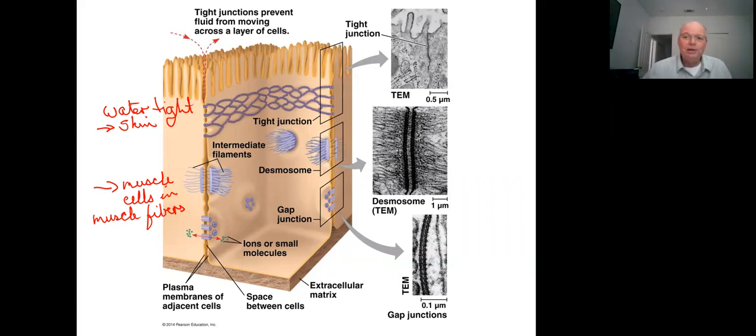Again, if you're planning to take our A&P classes because you're going on into the allied health sciences or the nursing program, you're going to learn a whole lot more about these neurotransmitters, the different types of neurotransmitters and how they affect the central nervous system's ability to send nerve impulses backwards and forwards from the brain out into the body and back again to control different parts of the body in numerous different ways. So more to come for those of you who are going to take the A&P classes.